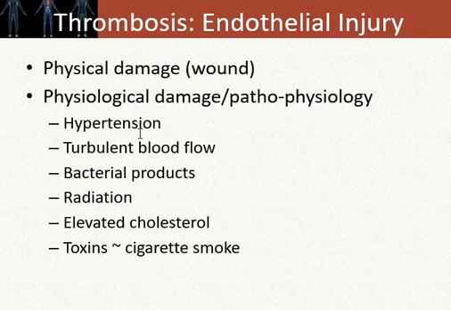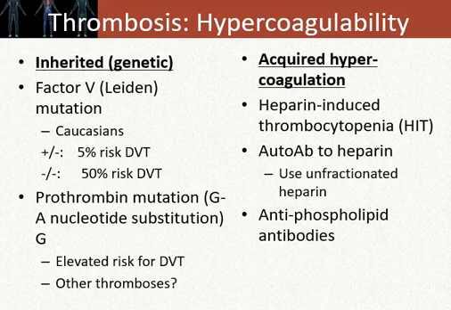And so you get this pooling or regurgitation of blood within the atria. And that basically can form a hypercoagulated state that's able to clot a lot faster than normal. Other things, bacterial products, cholesterol, toxins, and radiation, are all things that can induce the formation of clots, and we'll come back to these concepts throughout the curriculum.